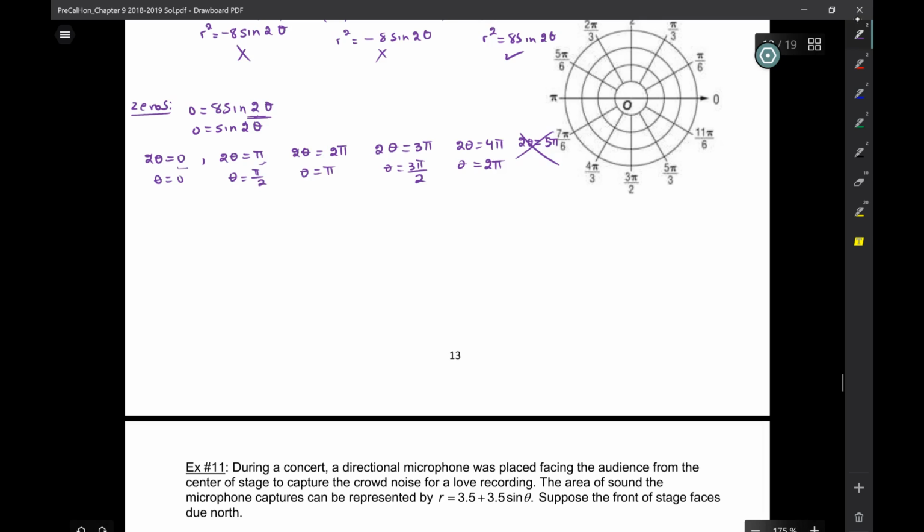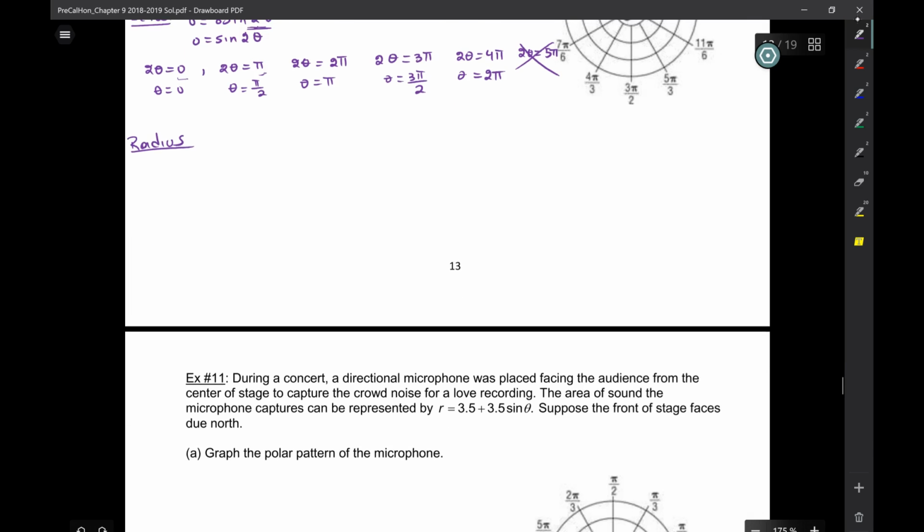So now for the radius. Maximum radius. This is a sine function, right? So I ask myself, sine of theta is equal to plus or minus 1, where? At theta equals pi over 2, 3 pi over 2, and so on.